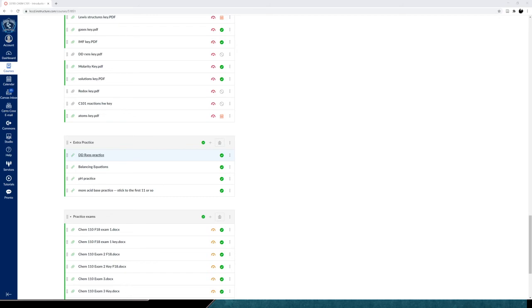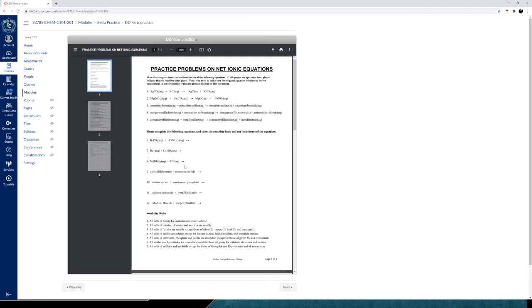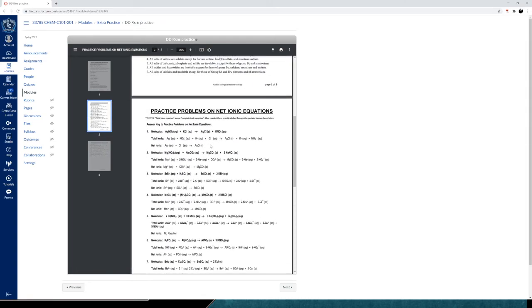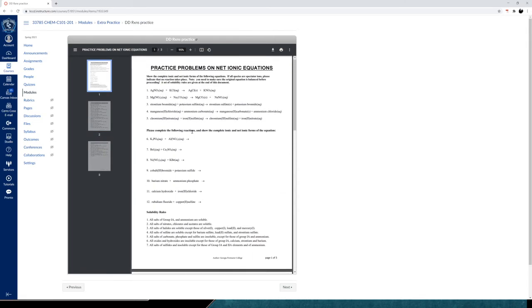Maybe I'll move this up, but if we go to the double displacement reaction practice, you'll see you have a lot of double displacement reactions you're going to be able to predict. And the answers are going to be here at the end. The answer key is right here.